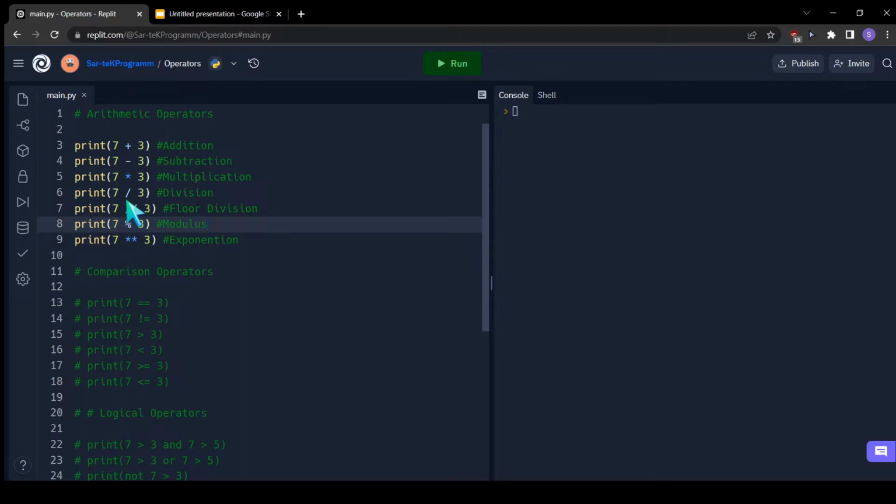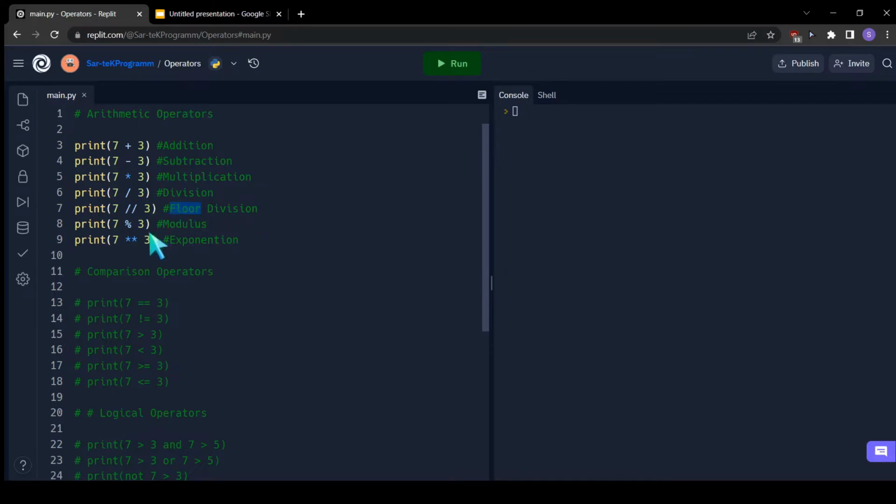And if we want to ignore those decimal values, we have to use floor division. This operation will give you the exact answer, and this will give you an approximate answer which will be rounded to its smaller value. So 7 floor division 3 would give you 2. It will ignore the decimal values after the 2.